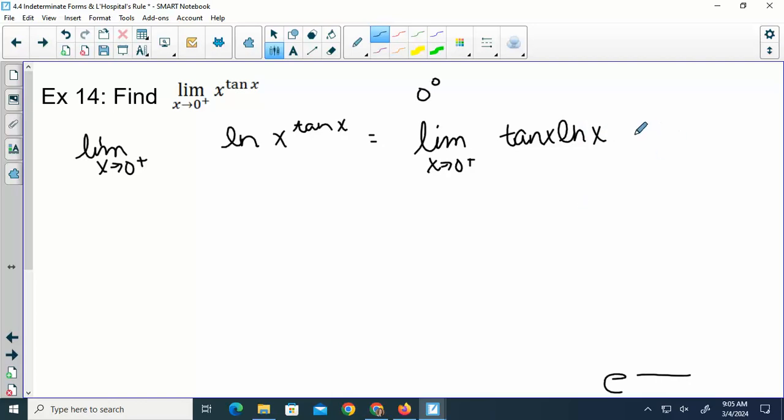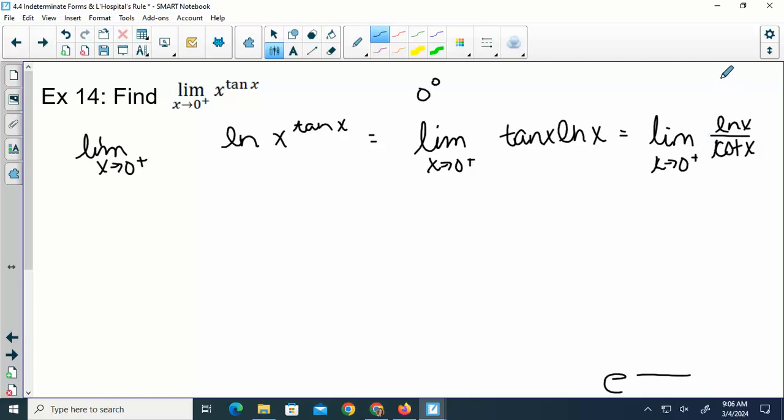Okay, but I have to ultimately turn this into a quotient. So how will I do that? We can move 1 to the bottom by doing its reciprocal. We don't want to do the reciprocal of natural log. That's not nice. But we can make it a cotangent on the bottom. Mathematically, those are the same.